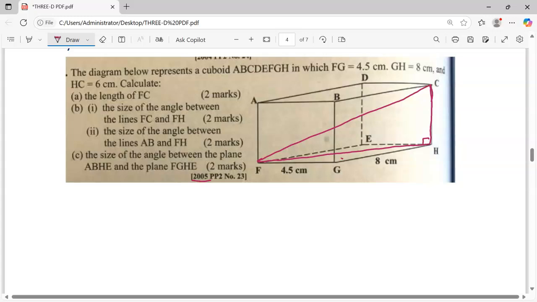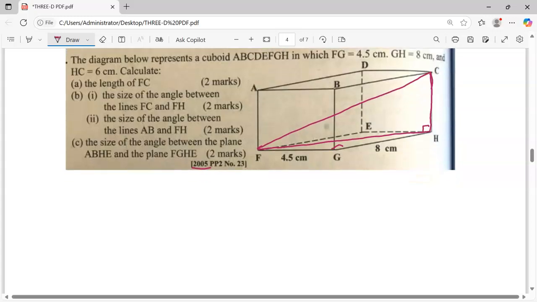So if we use this triangle at the lower part here, the triangle is going to look like this. This one is going to be our F, this one is going to be G, and this one is going to be H. Remember, FG is 4.5 centimeters and GH is 8 centimeters.